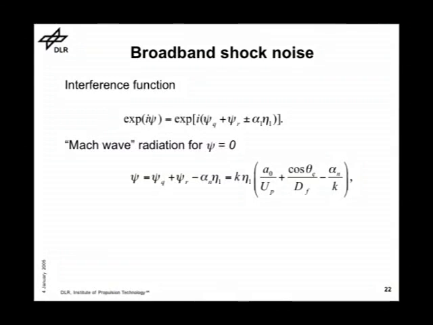And like in the previous result, we get maximum radiation when this angle is 0. In normal jet mixing noise, maximum radiation occurs at the Mach angle, where this phase angle is 0. But here, with this additional term, we also get phase 0, and we get a new kind of Mach wave radiation. And this is described by this. So a Mach wave radiation occurs, and this Mach wave radiation is broadband shock noise.